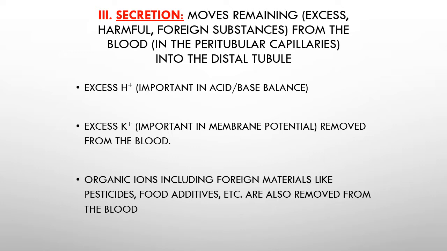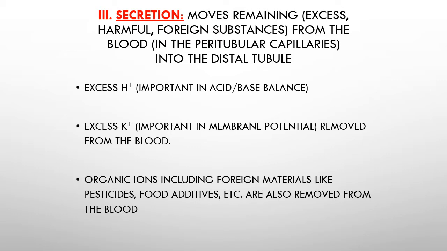And so the things that we're going to try and make sure that we're able to have present in the urine that is finally formed. Any kind of substances that are potentially harmful, anything that is potentially from outside of our body that's water soluble that we can get rid of, those are going to have to be gotten rid of.